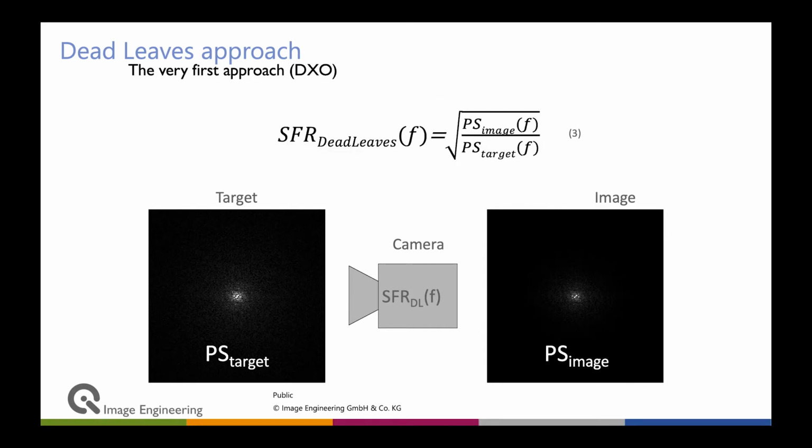If we can measure the power spectrum in the image, and the nice property about the dead leaves structure is that we can describe or model the power spectrum just by knowing some properties of the chart. As we know the power spectrum of image and target, we can calculate the H of f, or the SFR, in between. That's the fundamental approach that was first taken in 2009 when it was introduced.